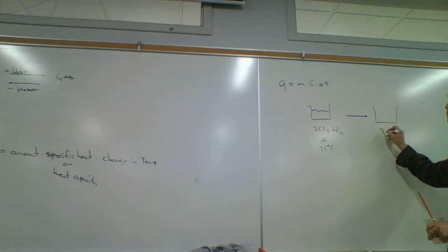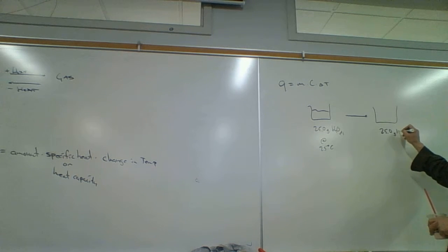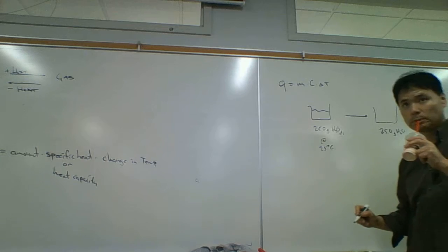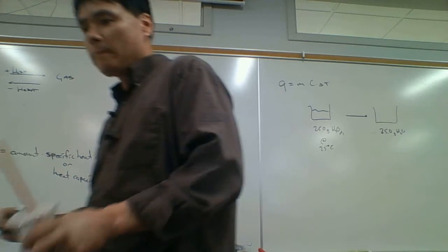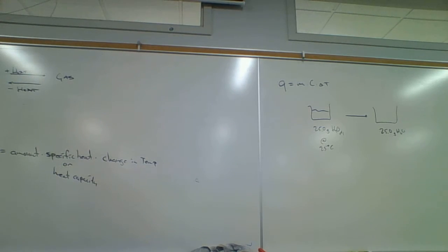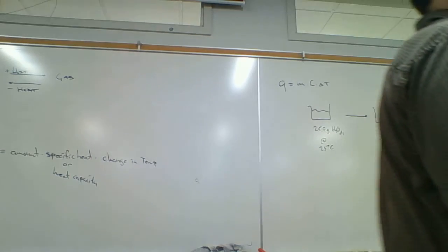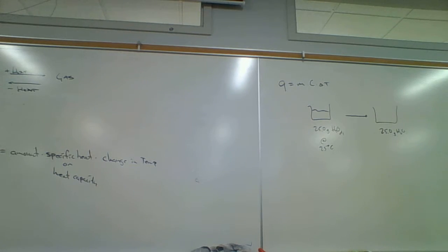Do you know at what temperature water starts to boil? 100 degrees Celsius. That's called its normal boiling point. Normal boiling point means what? It's the boiling point when we're at normal pressure.